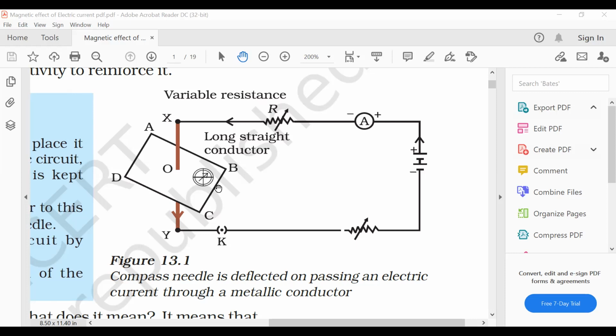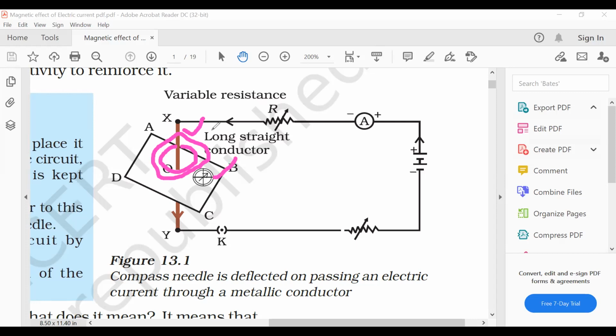Now we have to think about why this compass needle has been deflected. Because, as I said earlier, whenever a current carrying conductor carries current, it produces a magnetic field surrounding it. Whenever this magnetic field is produced, it affects the compass needle. This is also a magnet, isn't it?